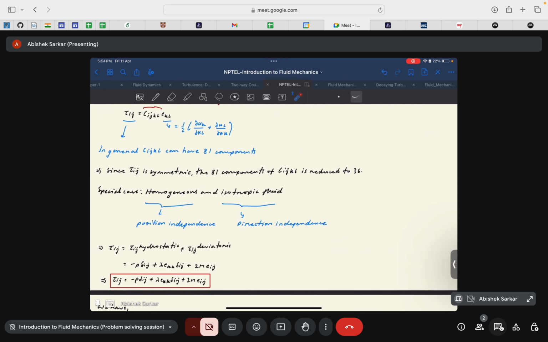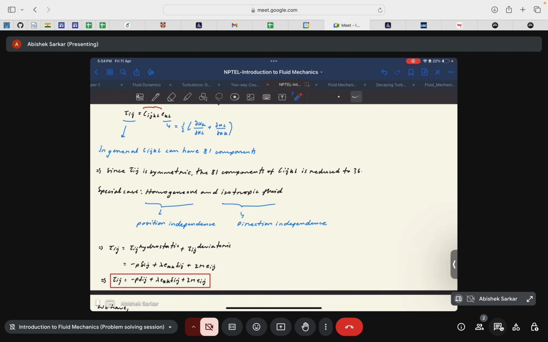Once you impose certain constraints, first, since tau ij is symmetric, which we found from the conservation of angular momentum, the 81 components are reduced to 36 independent components.